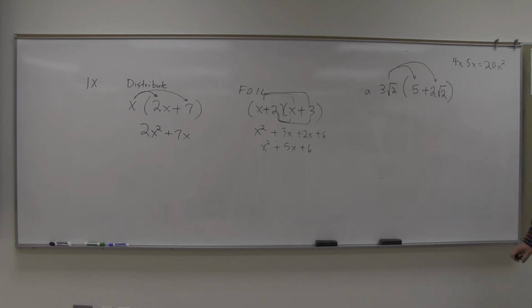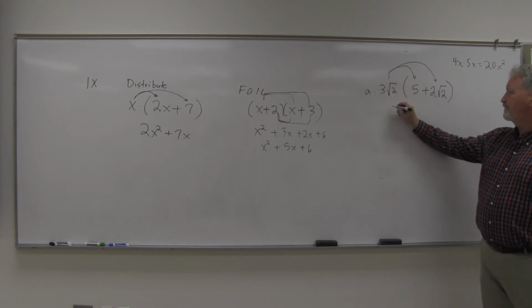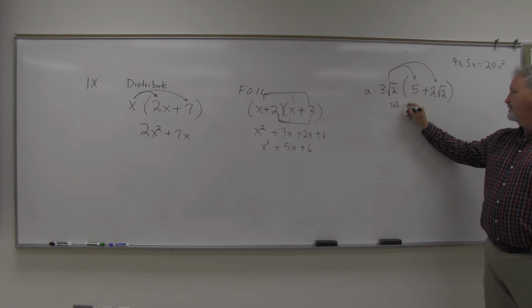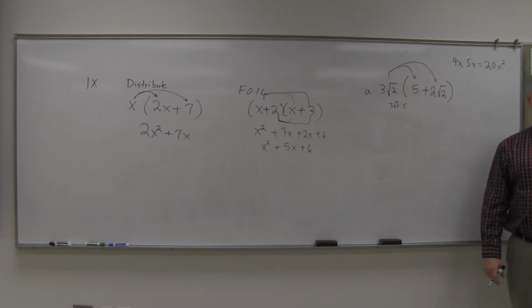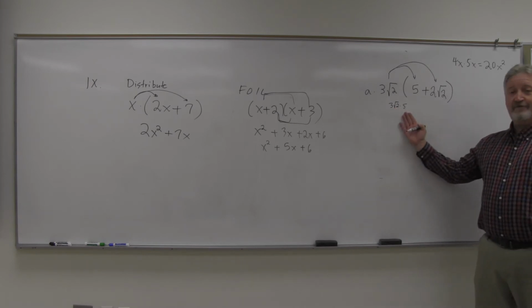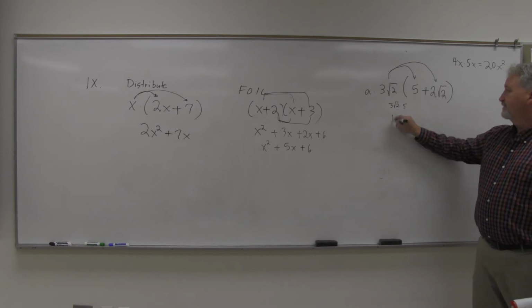So the 3 square root of 2 times your 5. I'll write it here so you don't have to necessarily write this, but I'm just showing you what's happening. What's that going to be? 15 square root of 2, yeah, because the 3 and the 5 are the ones I can multiply. The square root of 2 is its own thing. 15 square root of 2.